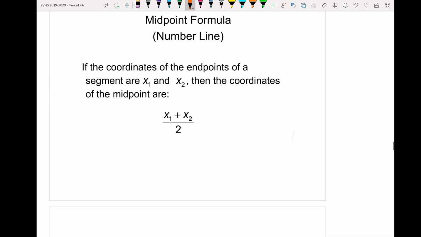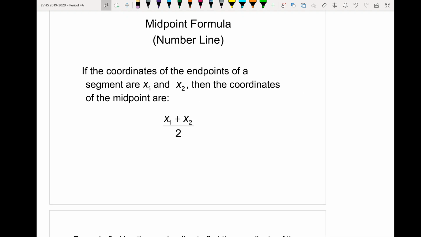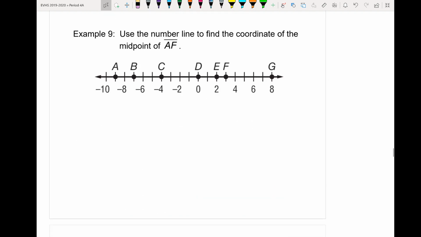All right. Midpoint formula on a number line. Literally, you just average them. Add the two numbers and divide by how many there are, which in this case is just 2. So we jump over here, find the midpoint of AF. I'm going to use M since it's the midpoint.